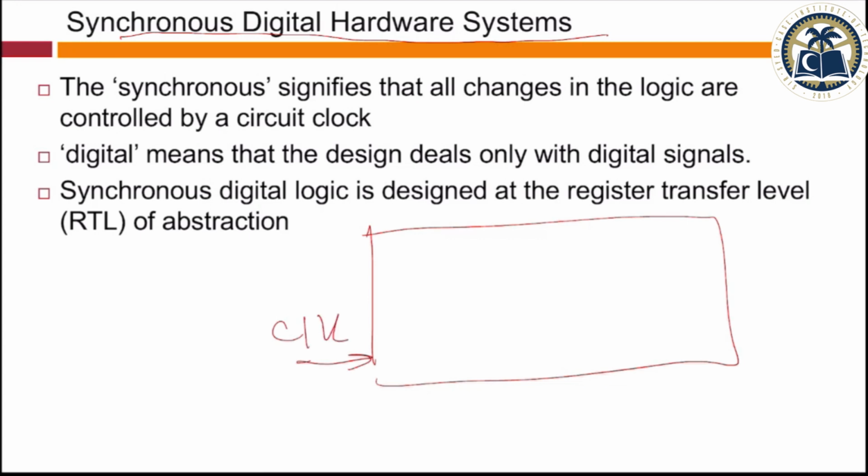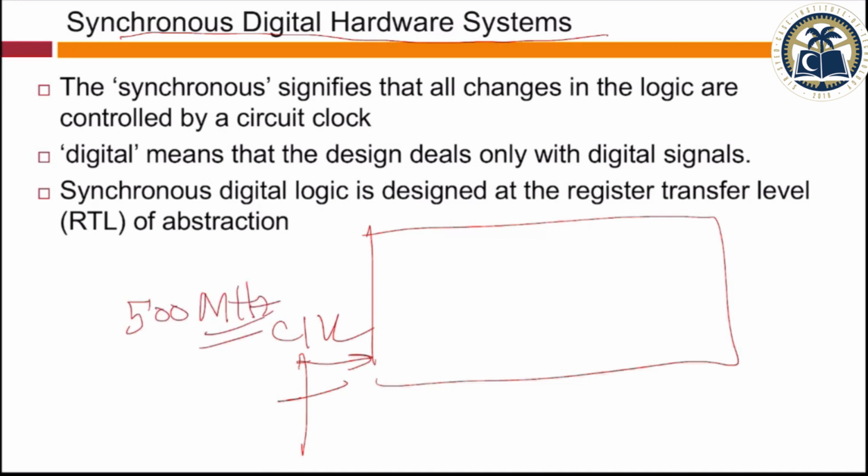The second important thing is that you are designing synchronous digital hardware. So our focus is only on synchronous digital hardware. Synchronous digital hardware means that there is a clock at which you are running your circuit. So a synchronous digital hardware has a clock.